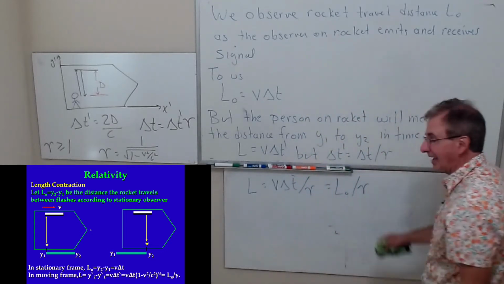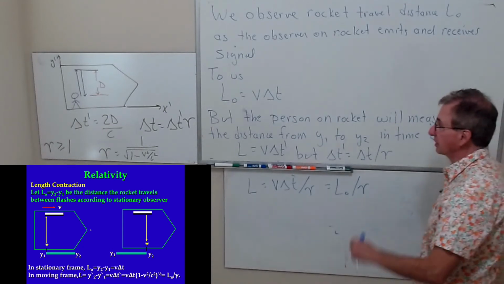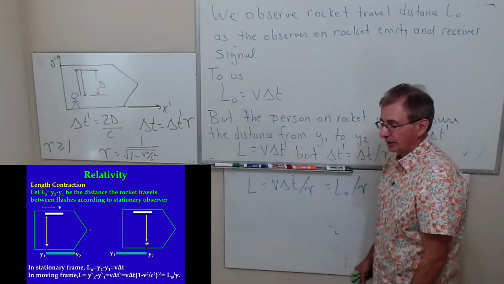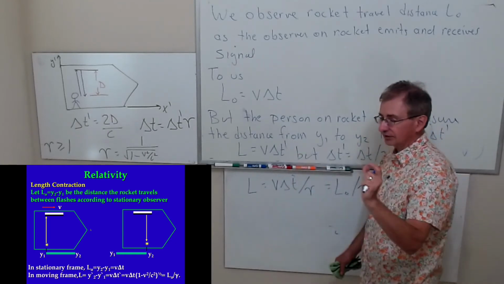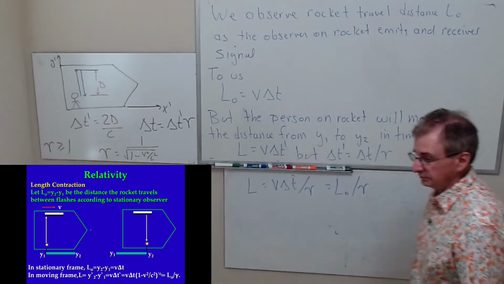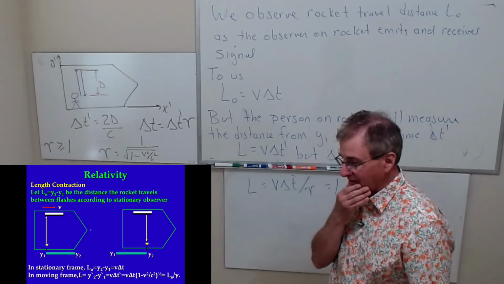And since gamma is bigger than 1, that means that the person in the rocket says the distance between y2 and y1 is less than L naught. That distance is contracted. Okay?